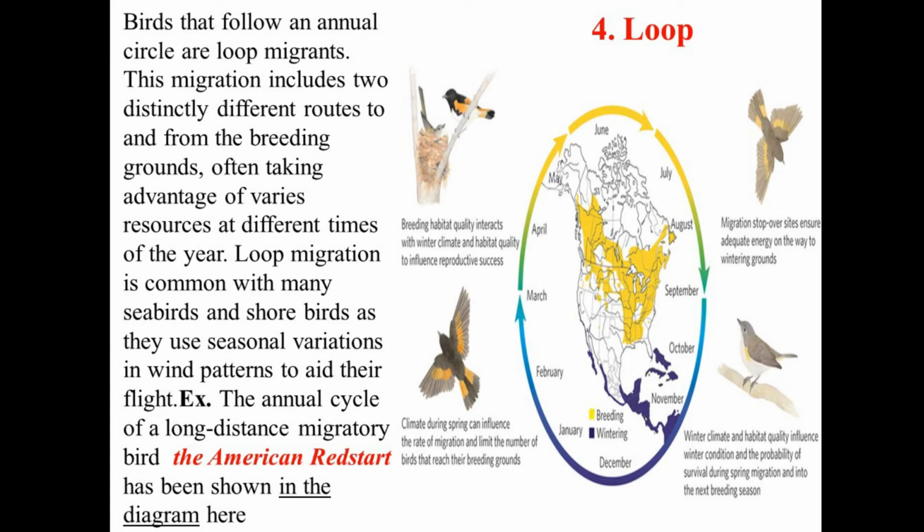Loop migration is common with many seabirds and shorebirds, as they use seasonal variation in wind patterns to aid their flight. The example is the annual cycle of a long distance migratory bird, the American redstart, shown in this diagram with the annual cycle from January up to December in various phases.